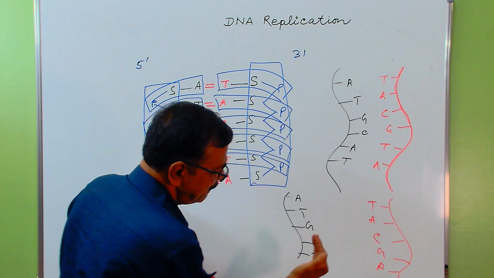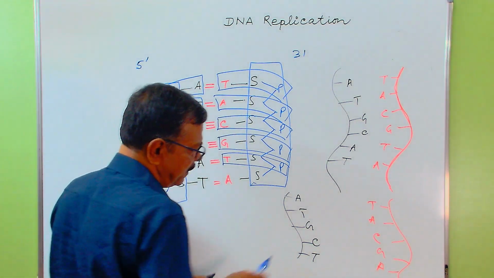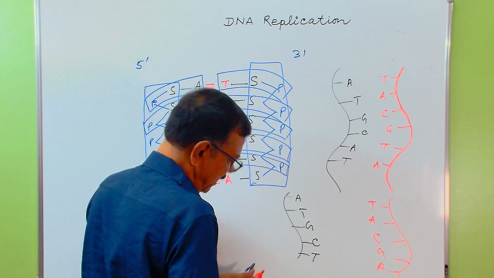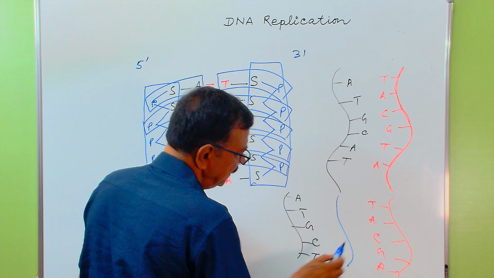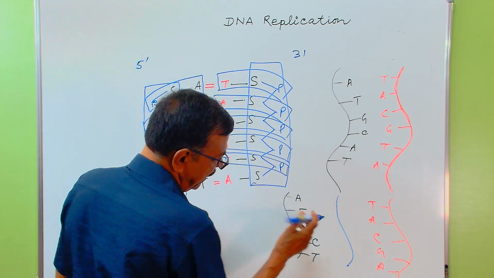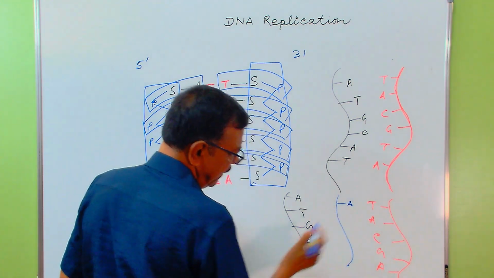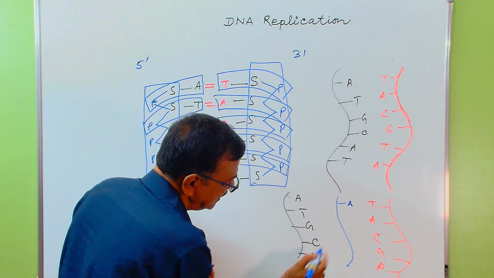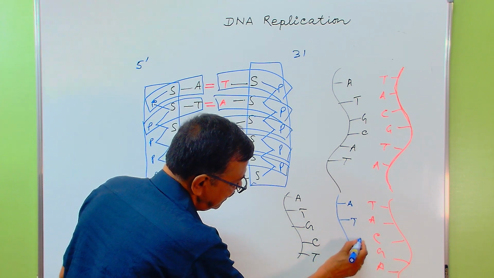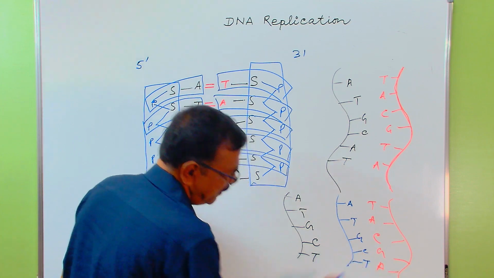Suppose here what will be formed after the sugar phosphate backbone. This one is red, I am writing in blue. So the sugar phosphate backbone will have T will be having A. So actually ATGCT will be produced.